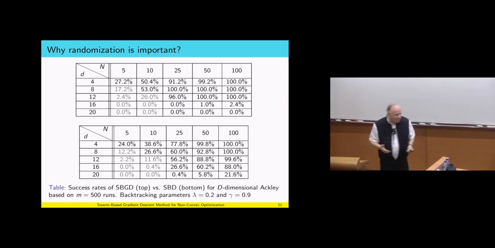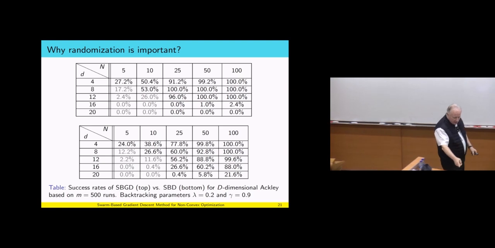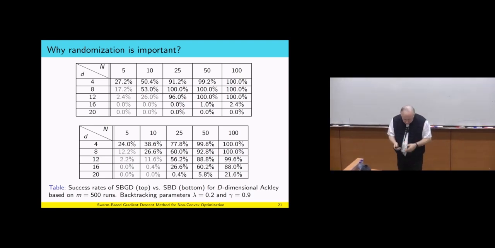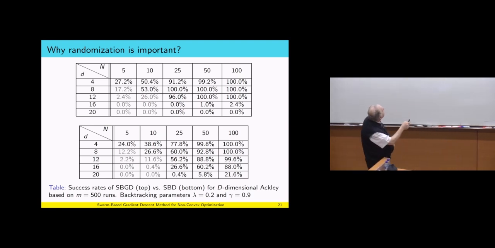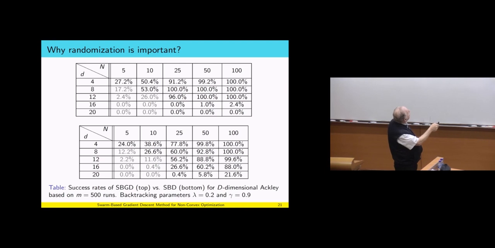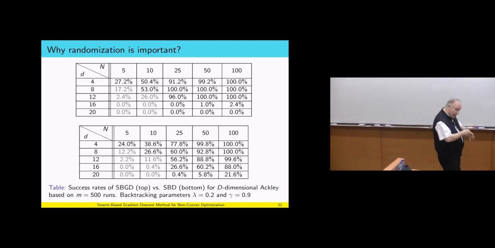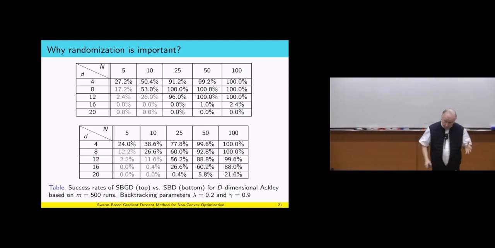You really need to look at when the number of agents is greater than the dimension. 20 dimension is something I cannot visualize. But you can see that when you have 50 agents, let's say, in the old way, in the 12th dimension, it's 100%. 16th dimension, 1%. And now it jumps to 60%. And the same thing from 0 to 21. You can literally see that this randomization allows you to explore space in a more efficient way.